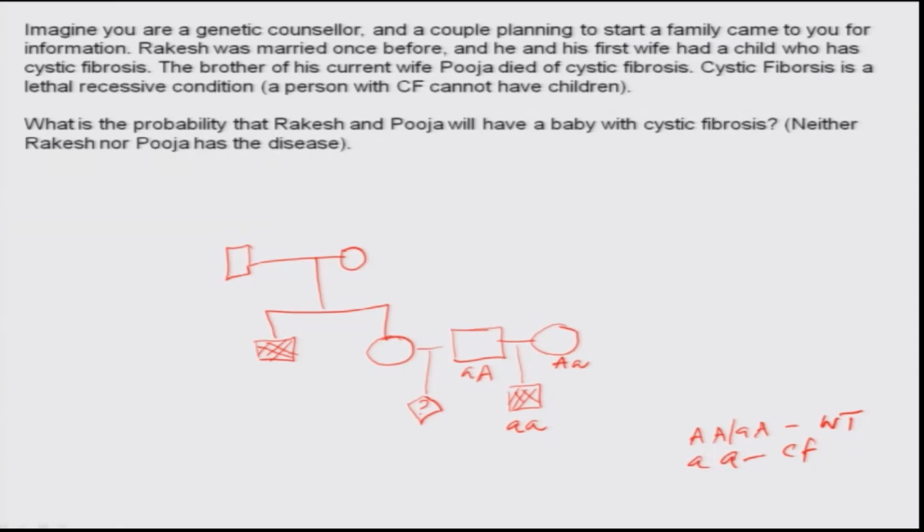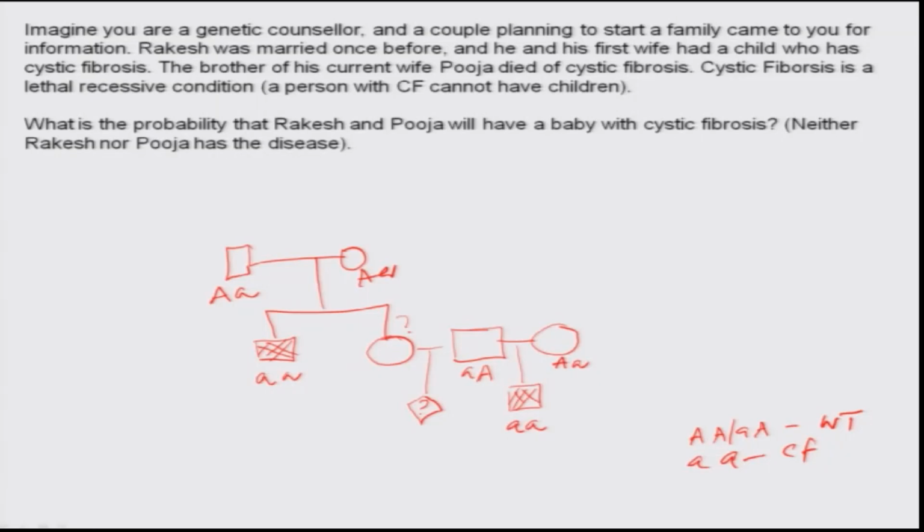Her brother had cystic fibrosis, that means his genotype should be homozygous for the mutant allele, that is small a, small a. If his genotype is this, then her parents who are normal should be heterozygous, otherwise he would not have gotten the disease. The question is, what would be her genotype, right?